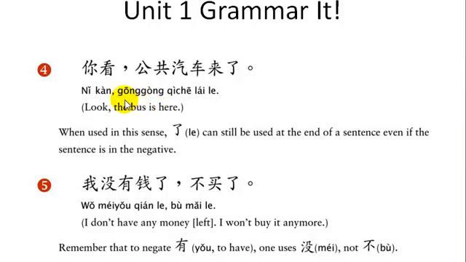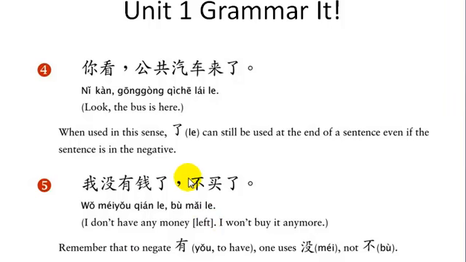Alright, here, some people waiting for a bus. 你看，公共汽车来了. Okay, so the bus is now coming. So 了 emphasizes that the bus is now here. There's been a change. Here's another example. 我没有钱了，不买了.